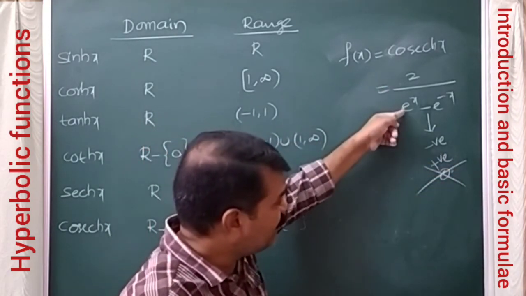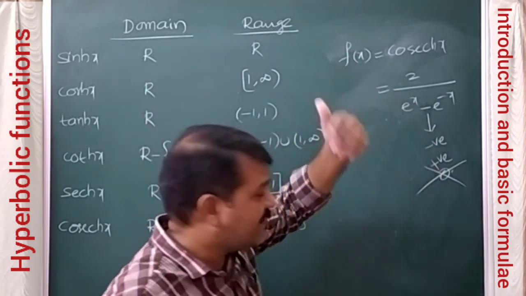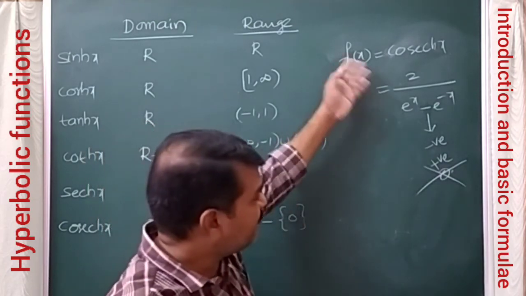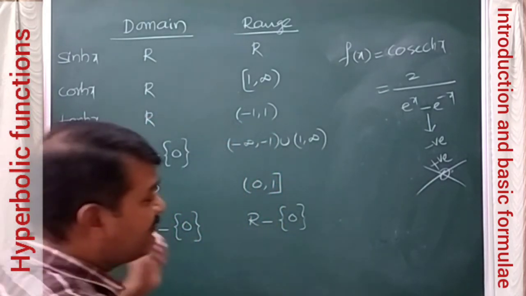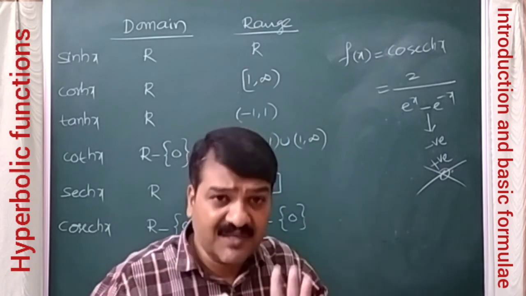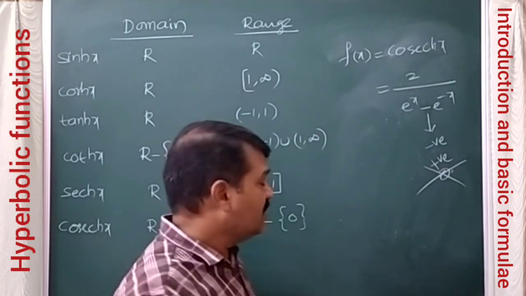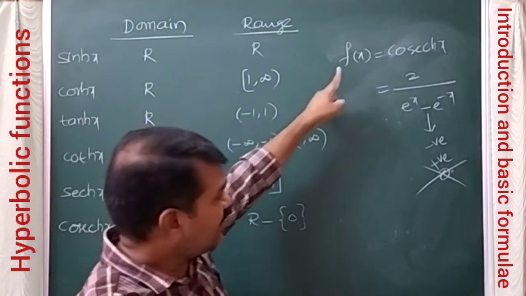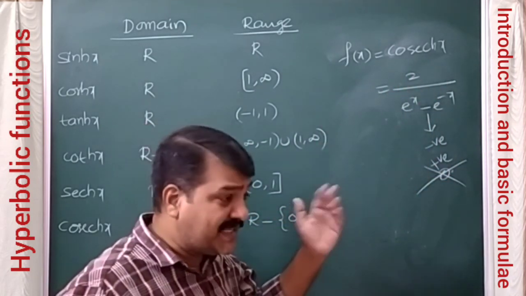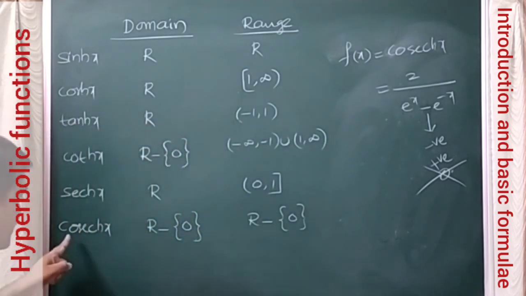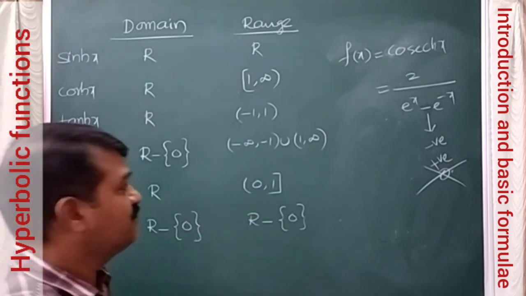The denominator is negative means total f of x becomes negative. The denominator is positive means total f of x becomes positive. That means f of x can be positive, f of x can be negative, anything is okay. But f of x cannot be 0. For whatever x value you take here, f of x is not going to be 0. So except 0, f of x can give you anything. It can give you positive, it can give you negative numbers. But it cannot give you 0. So therefore cosecant hx range is all real numbers excepting 0.